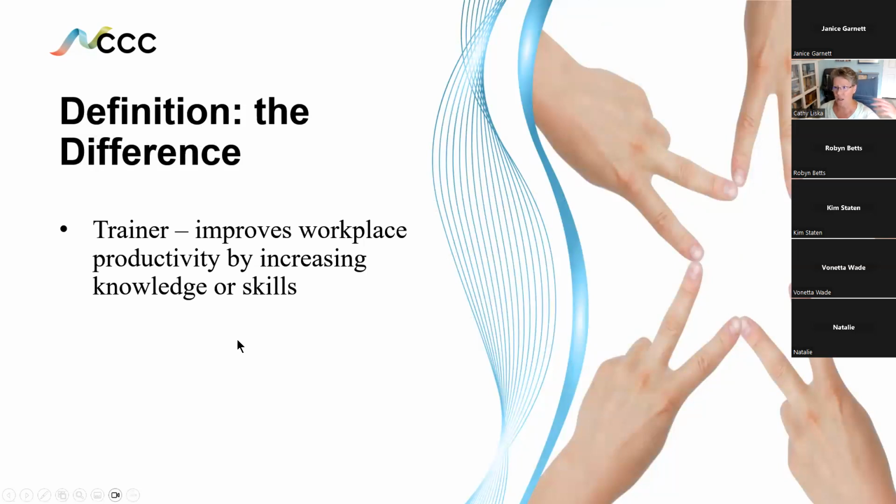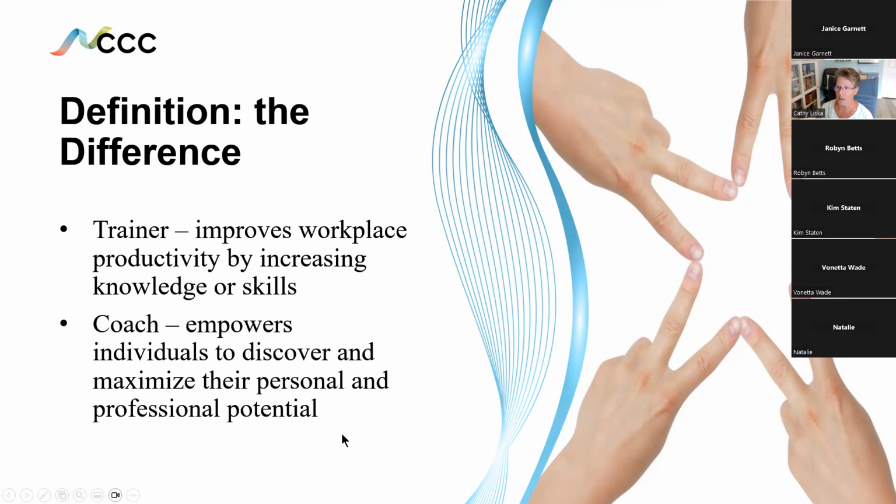All right. So the trainer is focused on workplace productivity. They are responsible to the employer, to the organization. They are increasing knowledge and skills. Coaching is empowering individuals to discover and maximize their personal and professional potential.